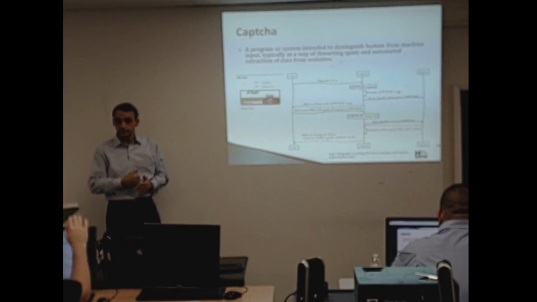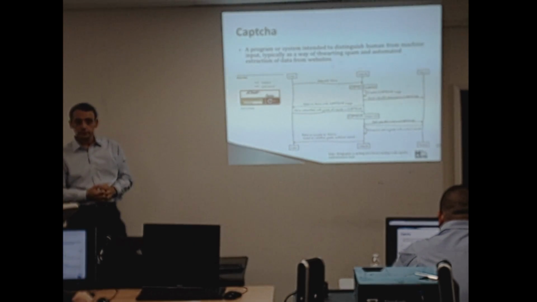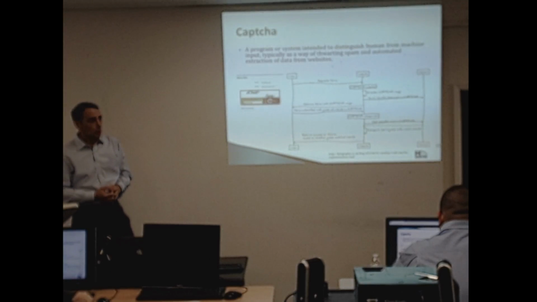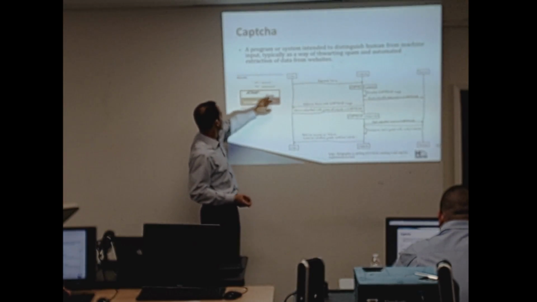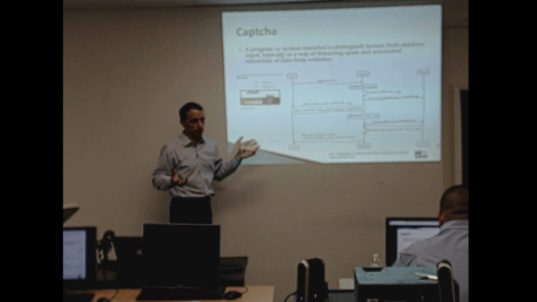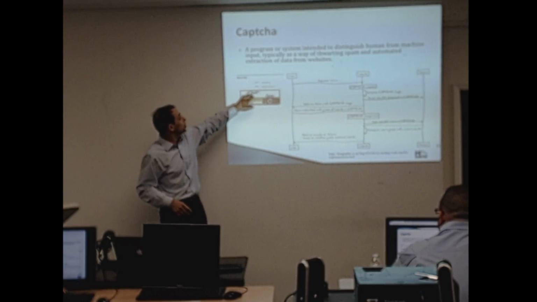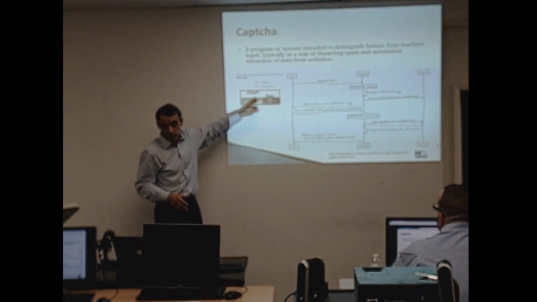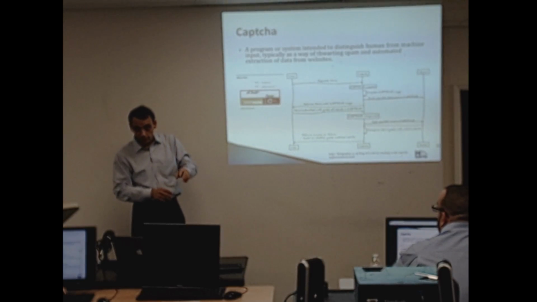Yes? If the computer has trouble deciphering the scrambled characters, how do they make the scrambled characters? Well, good question. First of all, you generate random characters, two random words. And then using graphics software, you slant them or change pixels here and there.